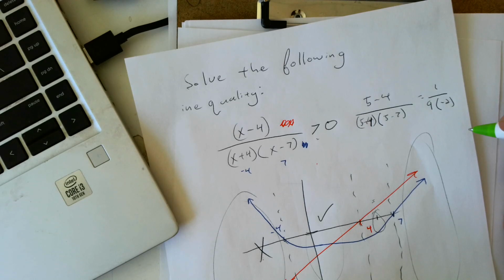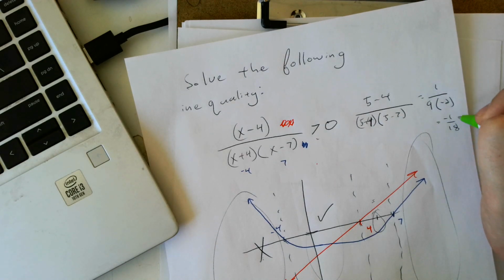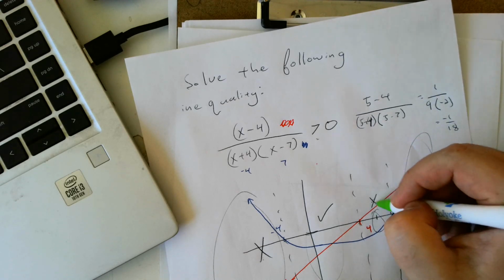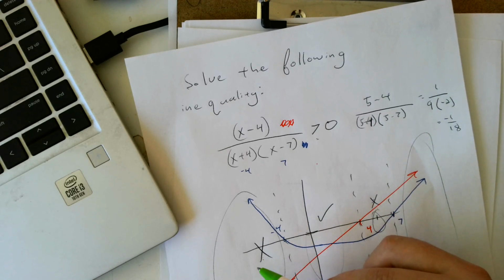That's negative 1 over 18. That's bad. That tells me I do not want to be at 5. So now I've crossed this off.